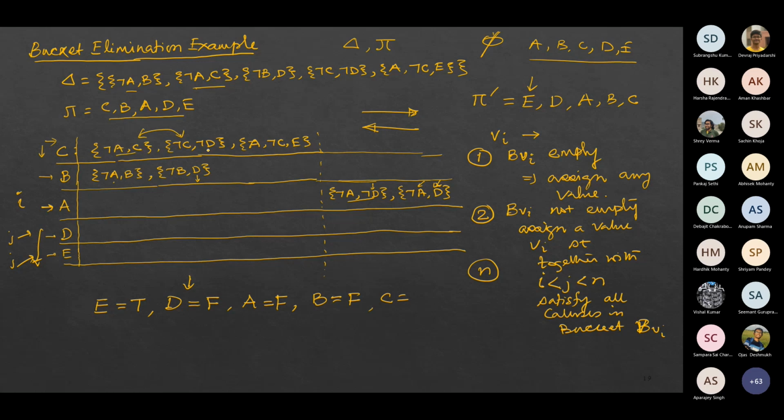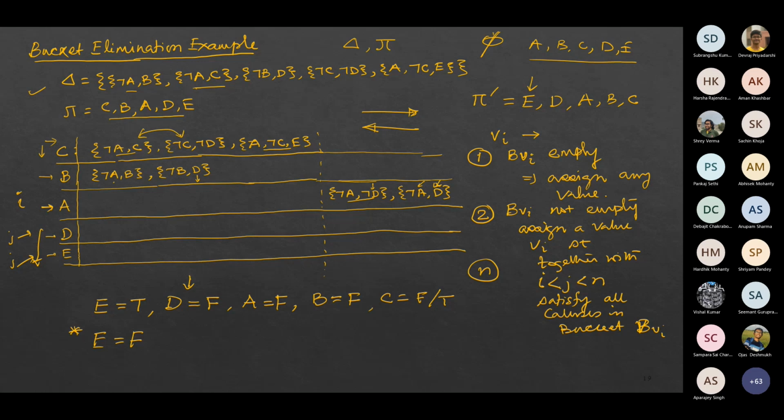We have assigned D to be false, so this becomes true in any case. We have assigned E to be true, so this will become true with any assignment to C. So I can assign C to either F or T. That does not really matter. So this is how we get the assignment that will satisfy this knowledge base, right? And we can also look at the other kinds of assignments which are free to be chosen. So I want you to explore this.